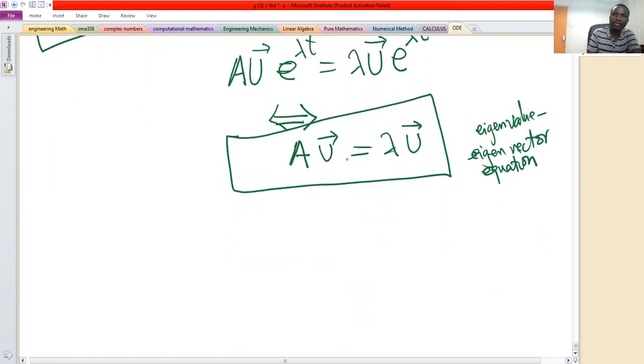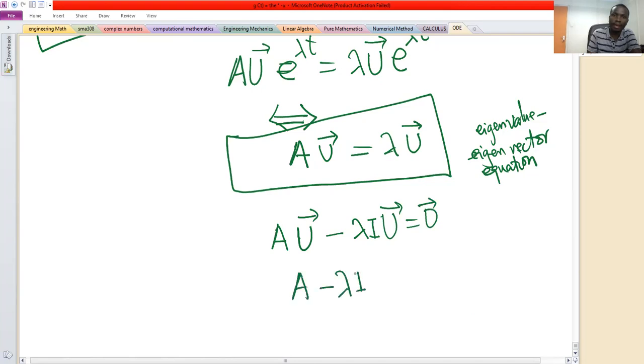And so solving that eigenvector equation, we'll be able to get the eigenvector u and eigenvalue lambda. Because from this one, A u, and then take this to the left, minus lambda, now you need to put an identity matrix I, so that the operation is defined, because it's a matrix, times u equals the 0 vector. Then we have A minus lambda I times u, which is a 0 vector.